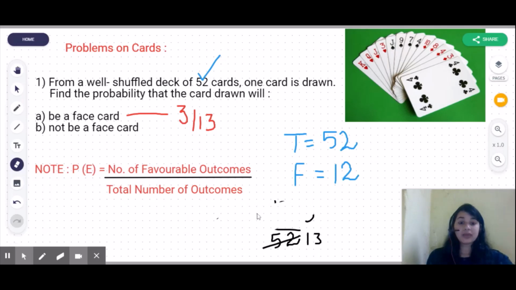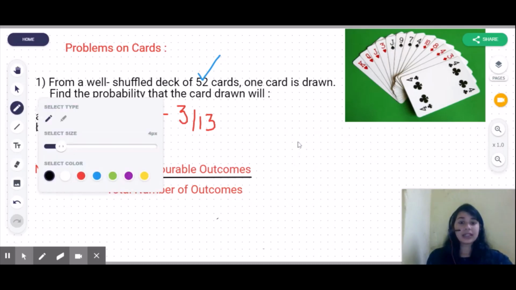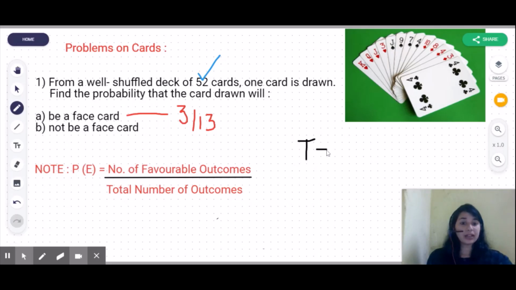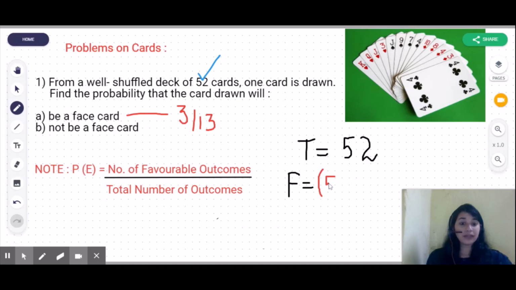Let's read what we have to do in the second part. We have to find the probability, but this time we want that my card should not be a face card. So again, my total number of cards is still going to be 52 because I'm talking about the deck of 52 cards. But now, what will be the favorable outcome? That is the question.